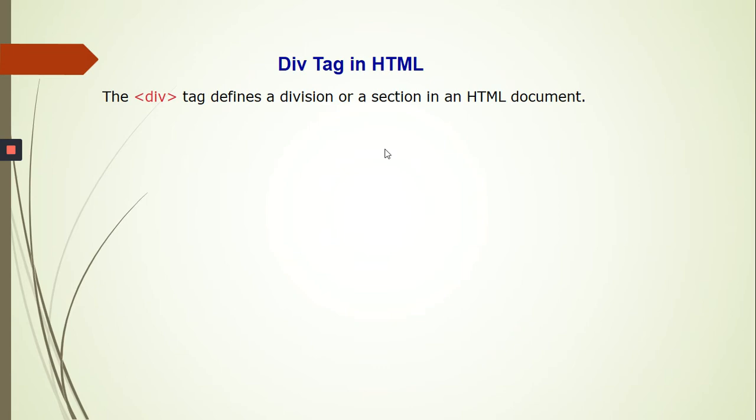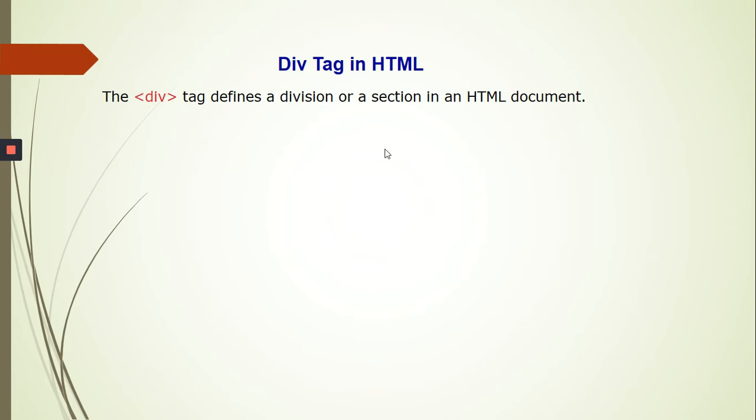That is, it will occupy the complete browser's width. So before and after there will be a break. Whereas the span is not a block level tag, it is an inline tag. So it is going to identify a section of a page without providing any breaks before and after.